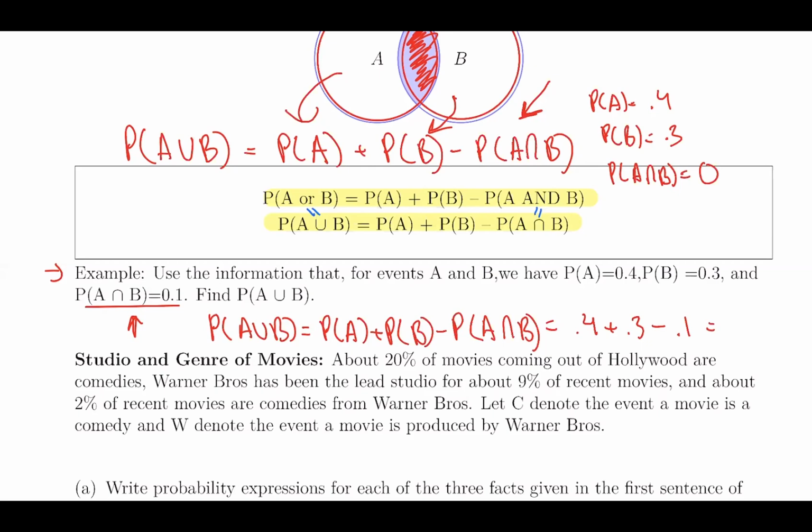So if I do 0.40 plus 0.3 minus 0.1, what do we get? Cool, and we're done. And remember, 0.6 is not 6%. This is equal to 60%. Don't get confused with that.